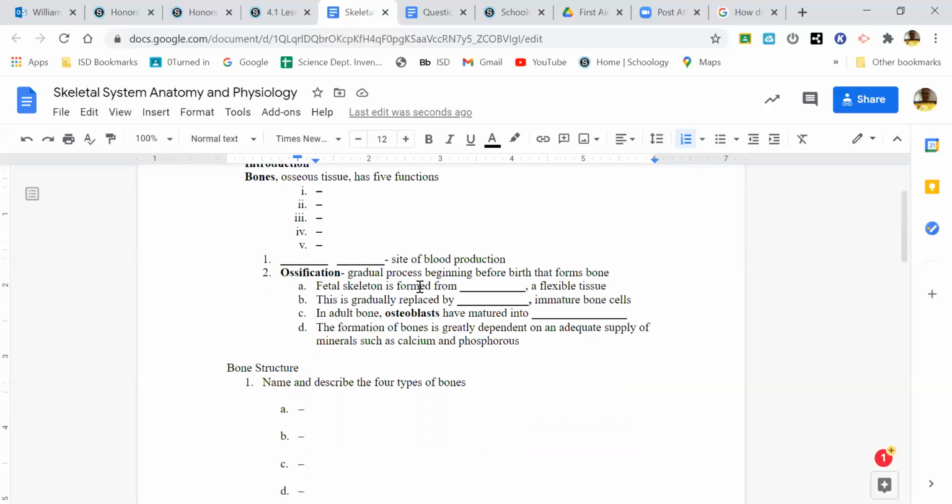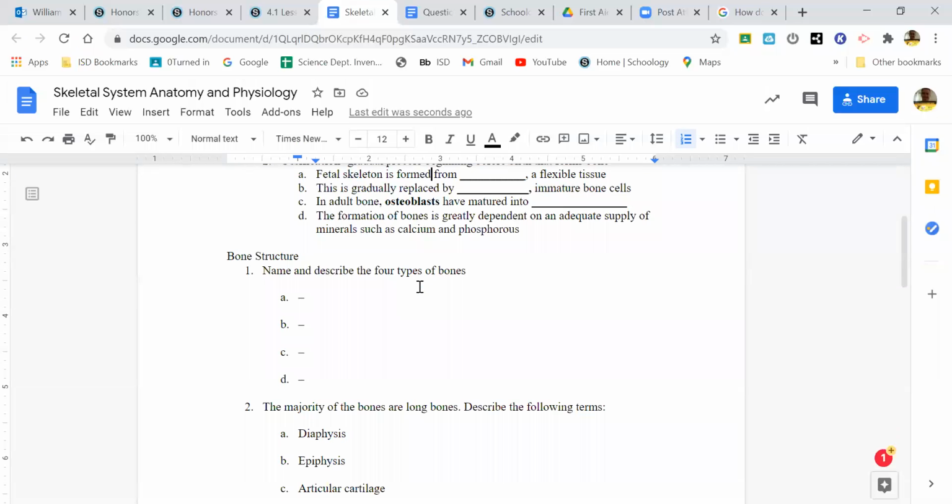That's what blast means, immature, osteo means bone. In adult bone, osteoblasts have matured into osteocytes, and cyte means cell. The formation of bones is greatly dependent on adequate supply of minerals such as calcium and phosphorus.